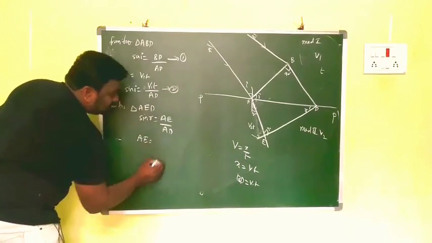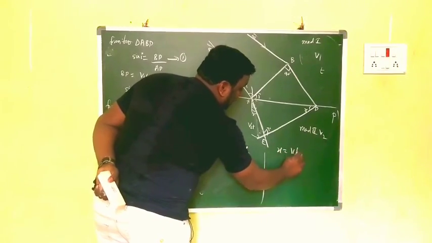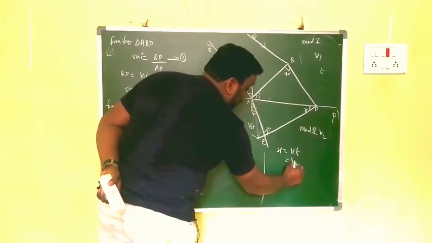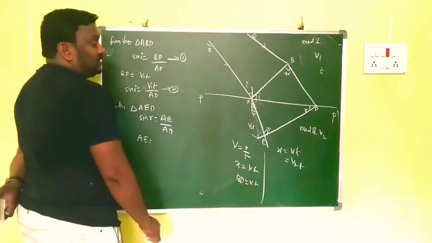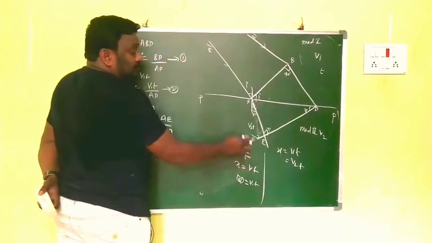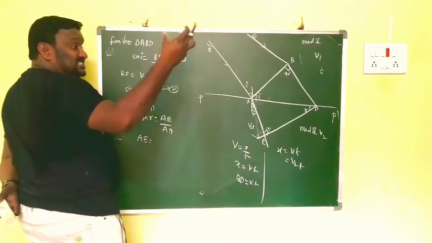So in the second medium, what do we write? AE means the distance traveled. X is equal to v into t, I am writing. What is the velocity in the second medium? v2. And what is the time? t. The time taken by the ray from B to D must be equal to that from A to E, because those are again secondary sources.